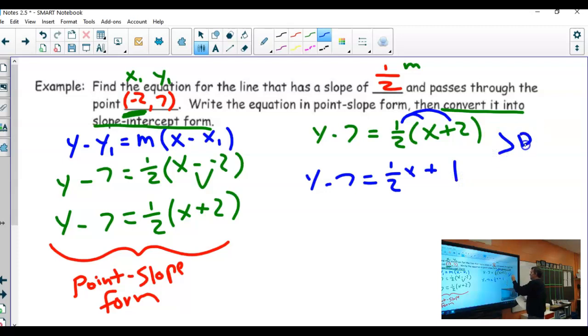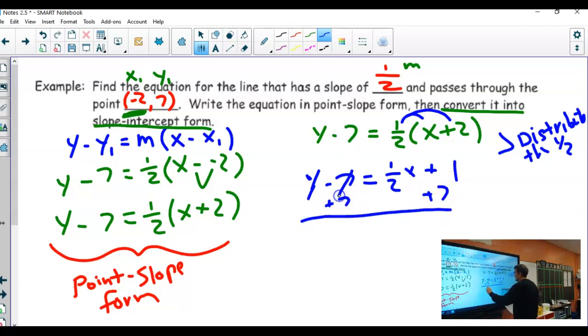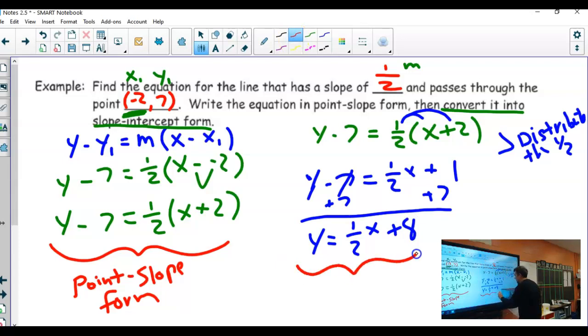Right? So distribute the 1/2. And then to get the y by itself, so that I'm in slope intercept form, I would add 7 to both sides, and I would get y equals 1/2 x plus 8. Now this equation is in slope intercept form.